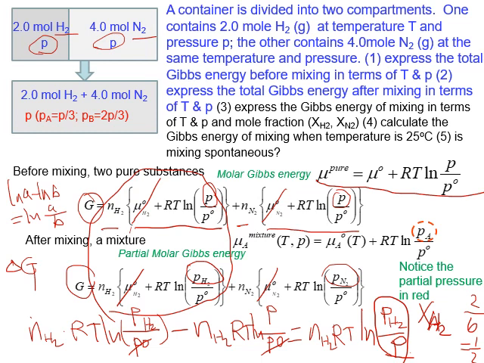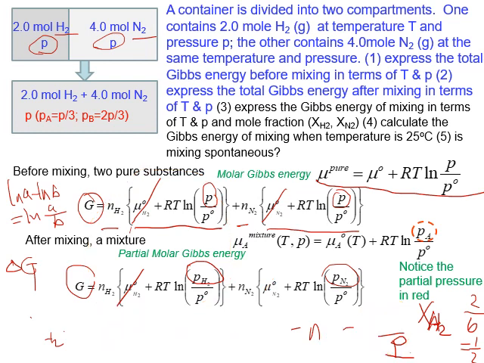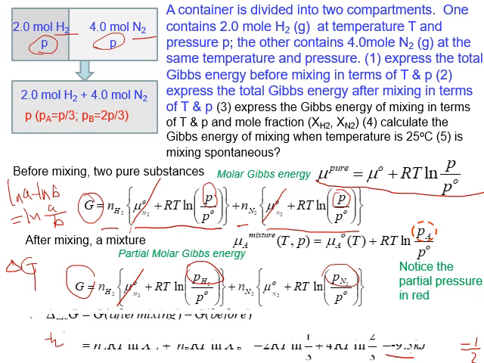So let me erase this. All right, that gives you this equation: nRT ln XA plus nRT ln XB.